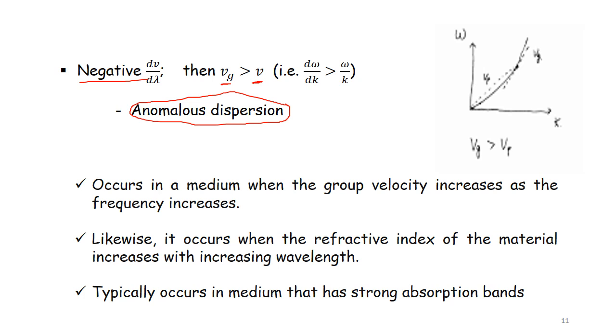This type of dispersion occurs in media that have strong absorption bands. When you have a medium with strong absorption bands, then we have such type of dispersion.